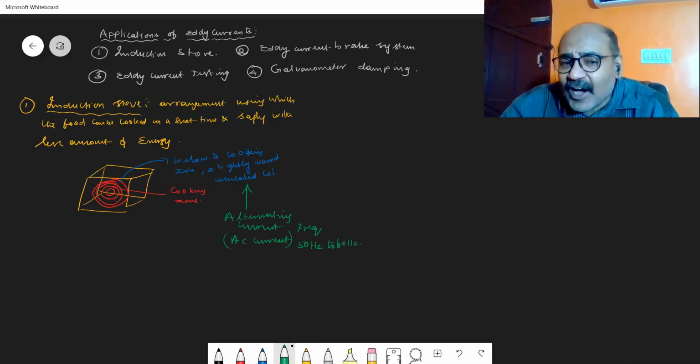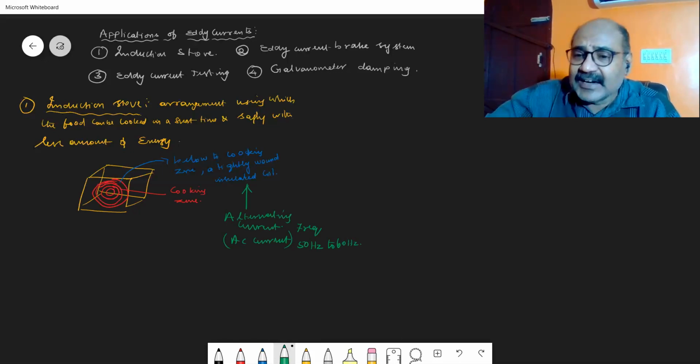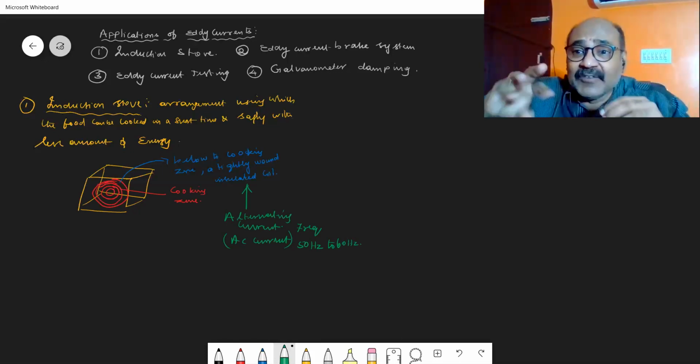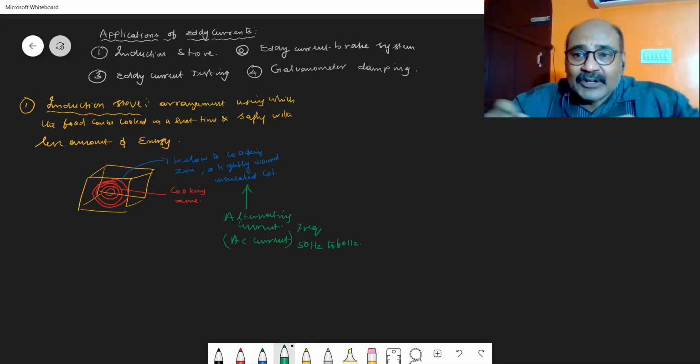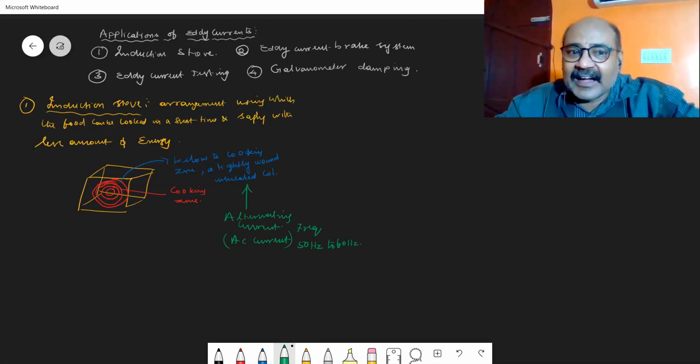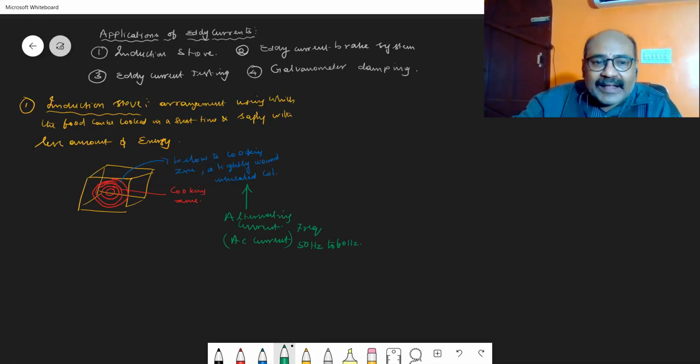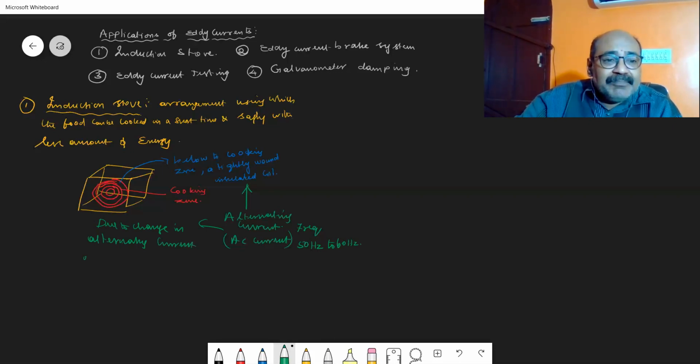A frequency of 50 Hertz to 60 Hertz means that in 1 second, the direction of the AC current changes 50 times or 60 times. Due to the change in alternating current, a changing magnetic field is produced.